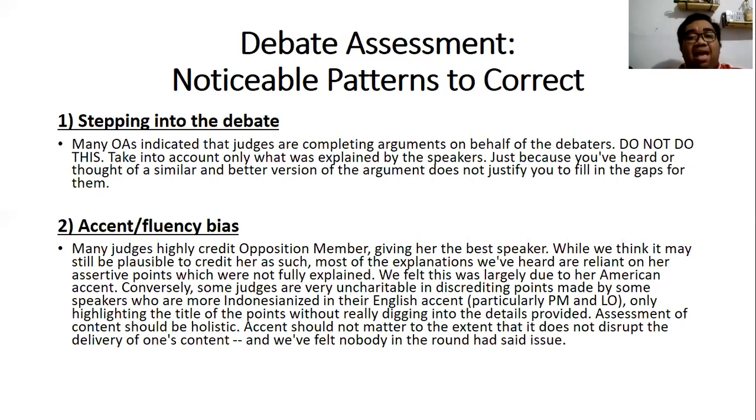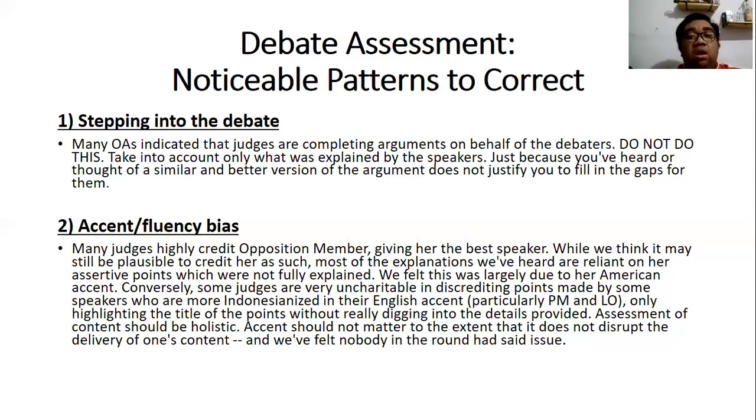We felt this overcrediting was largely due to people's bias on hearing her American accent, making it seem far clearer to understand in comparison to some other speakers.